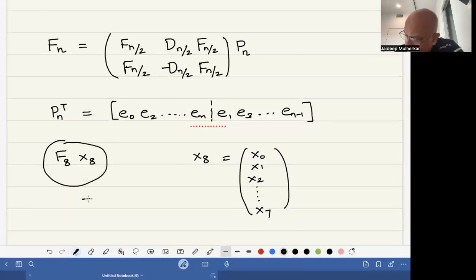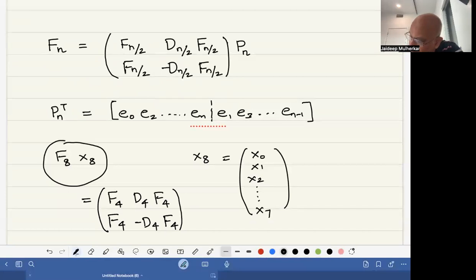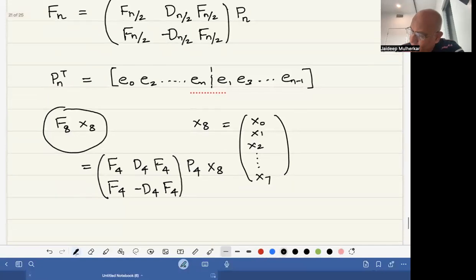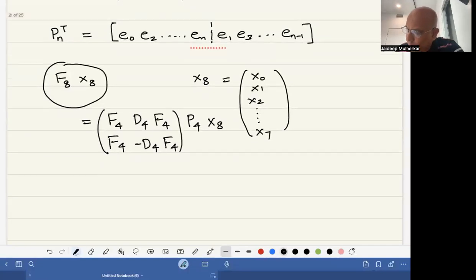So this is going to be equal to the block matrix with F4, F4, D4 F4, and minus D4 F4, where D4 is a 4-dimensional diagonal matrix, and then there is P8 applied to x8.